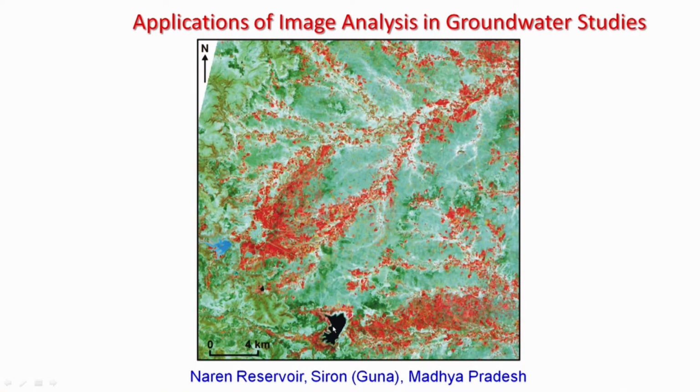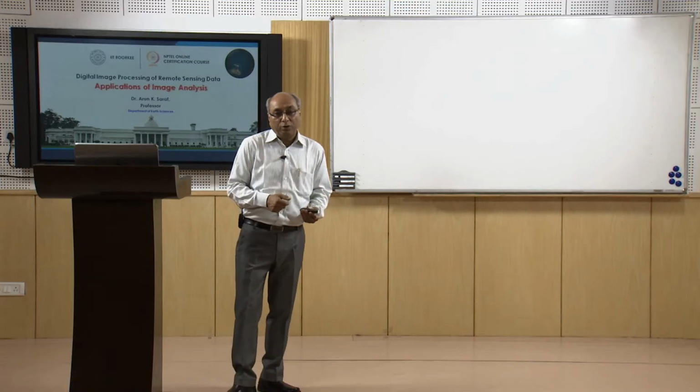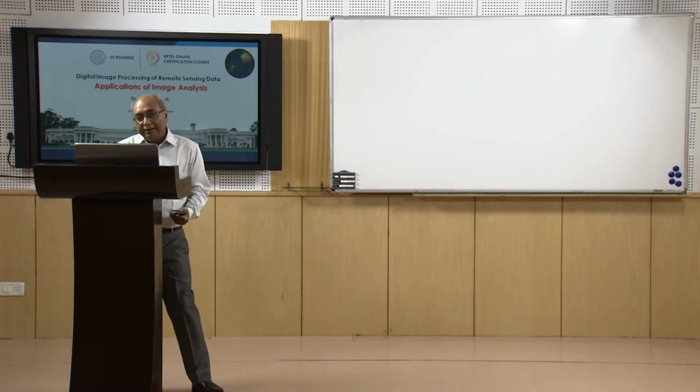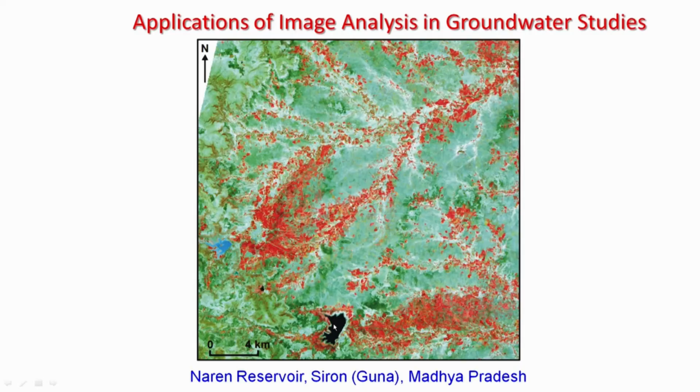One can argue that there might be a pollutant in it, but from ground information we know that both had the same water quality, except that in this one the thickness of the water column was less, and therefore there is a reflection from the bottom of the reservoir. In the false color composite it is appearing as blue, whereas here the water column depth is quite thick, and therefore a water body in the infrared channel will appear completely dark.